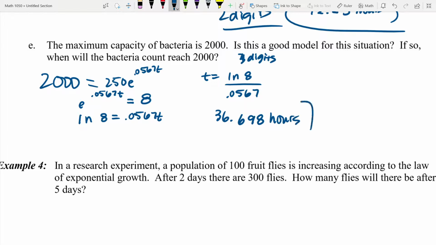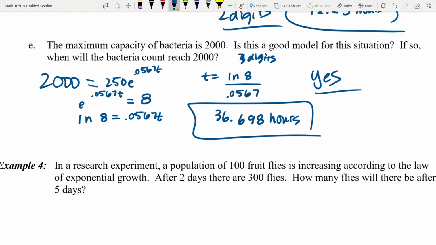Is it reasonable to conduct this experiment for 36.6 hours? I think it is. I'm sure people do it way more than that. If they did 36.698 million years or something like that, would you do that? No, you wouldn't. So is this reasonable? Yes, it's fine.